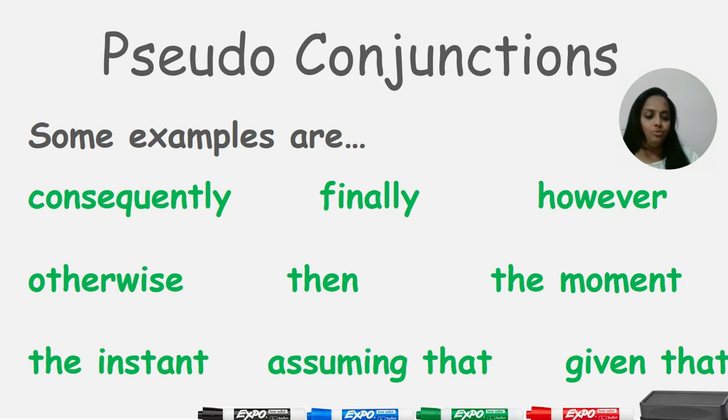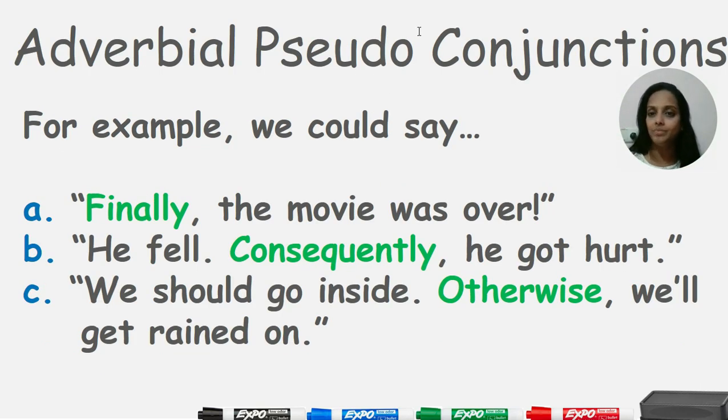First, let's start with adverbial conjunctions. So an adverbial pseudo-conjunction is an adverb that connects two independent clauses, signaling logical relationships like contrast, cause, sequence, or result. It acts like a conjunction in meaning, but maintains its role in modifying how ideas relate.